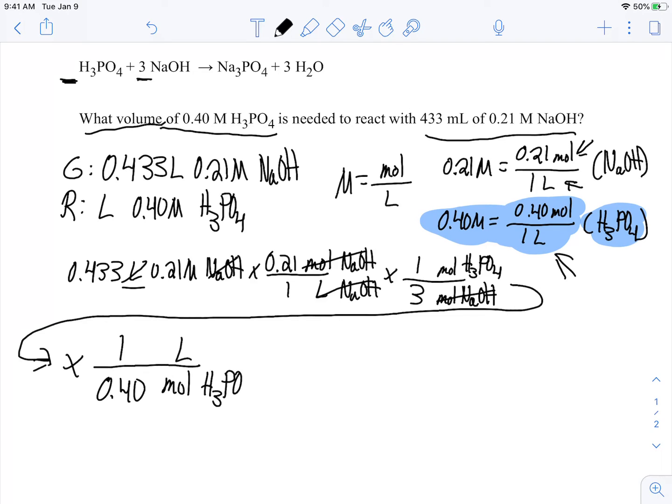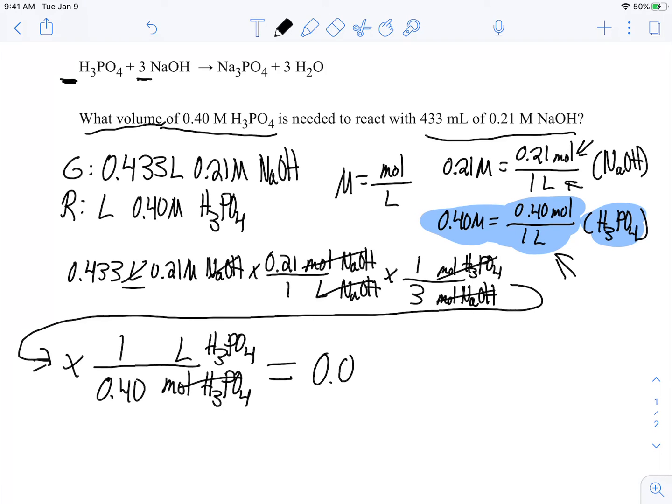Both are H3PO4. So once again, this is the broken up molarity. However, in the stoich setup, it is okay to flip around the molarity equation, you could say. Cross off units. Right now I'm in the unit of liters of H3PO4, which is what I want. Now I'm ready to solve it out with multiplication.